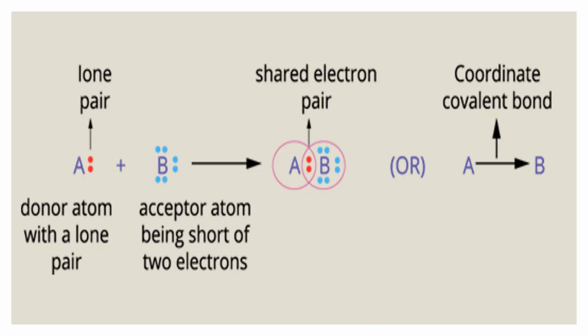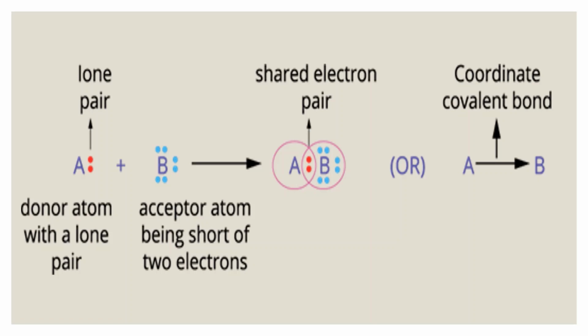So A is donor and B is acceptor. In covalent bond, both atoms donate equally and share equally. But in coordinate covalent bond, only one atom donates electrons, and the donated electrons are shared by the 2 atoms. That is very important. Here coordinate covalent bond is denoted by an arrow mark.